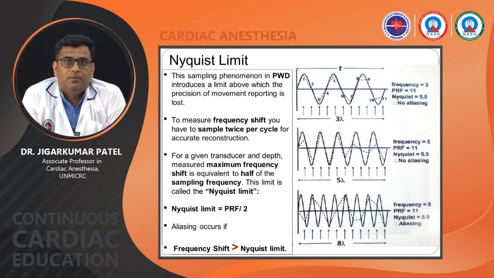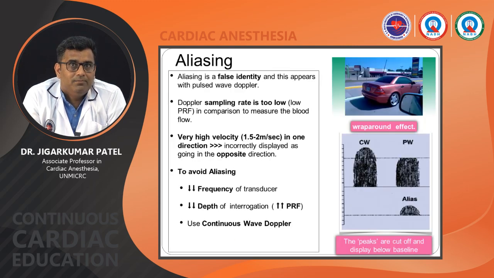So in pulse wave Doppler, the Nyquist limit is very important, and aliasing occurs if the frequency shift is greater than the Nyquist limit. Aliasing is a false identity, and it appears with pulse wave Doppler and color Doppler. Both use the pulse wave Doppler principle, so aliasing occurs in these.